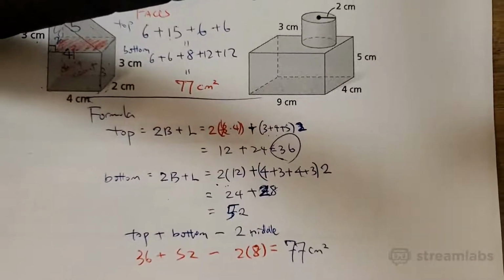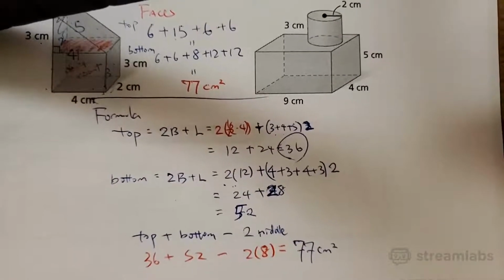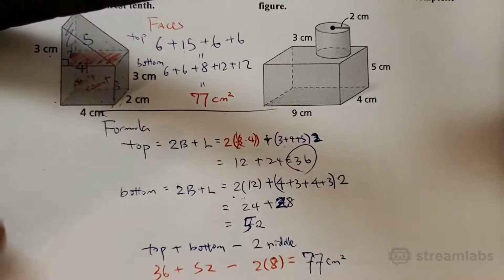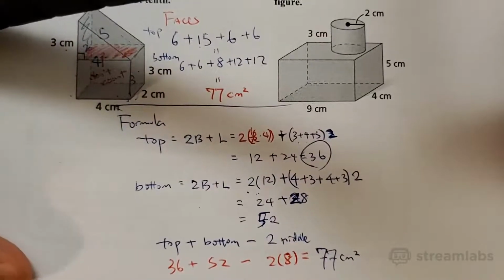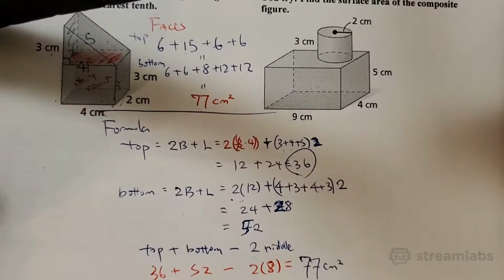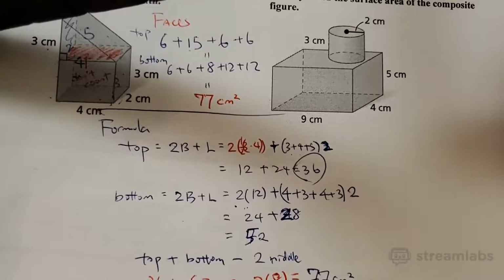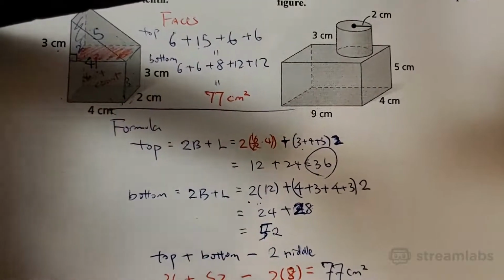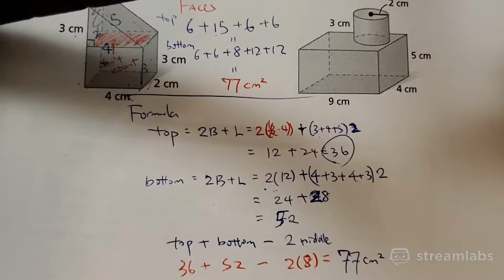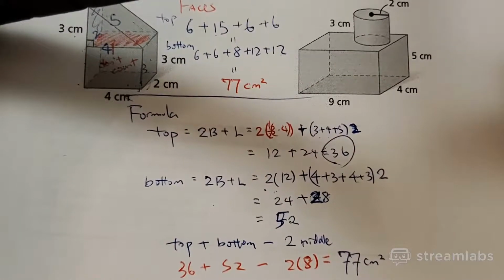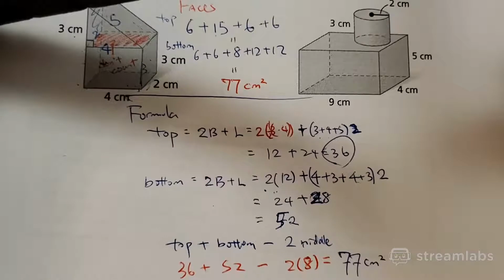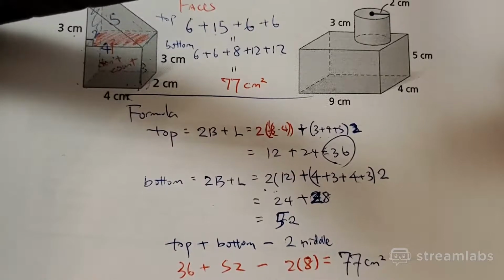72. You check your calculation with the first part. I think 77 is correct. Wait. You're right, 72.